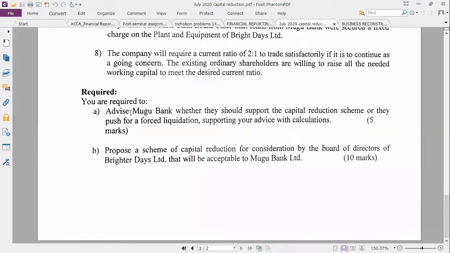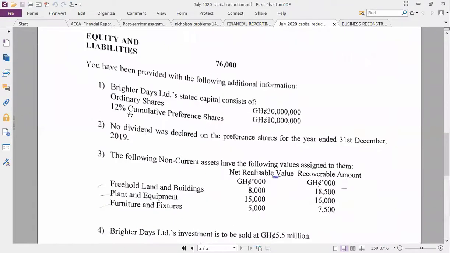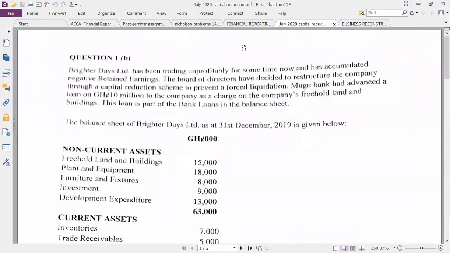So let's go to the entire story. The story starts like this. Brighter Days Limited has been trading unprofitably for some time now and has accumulated negative retained earnings.